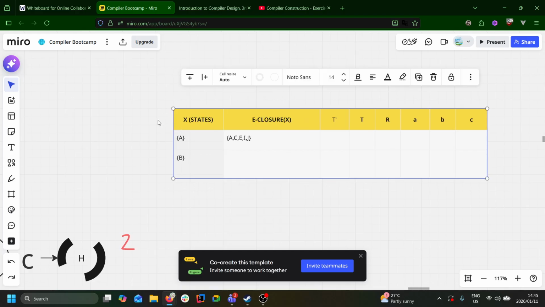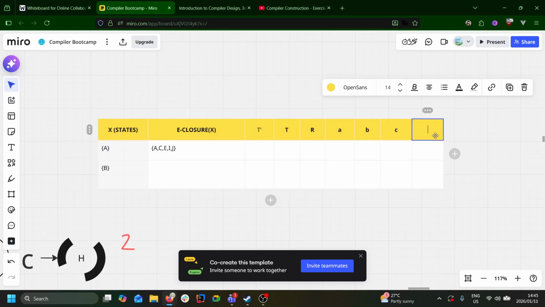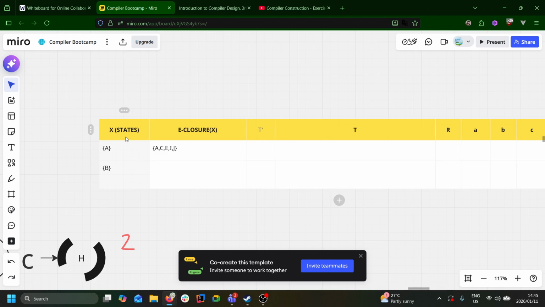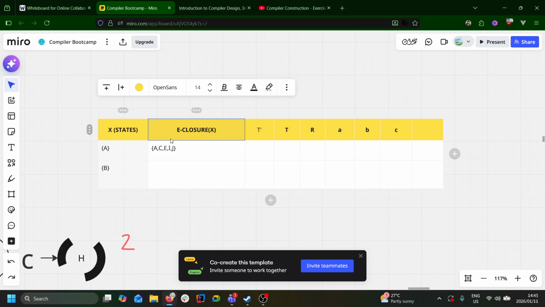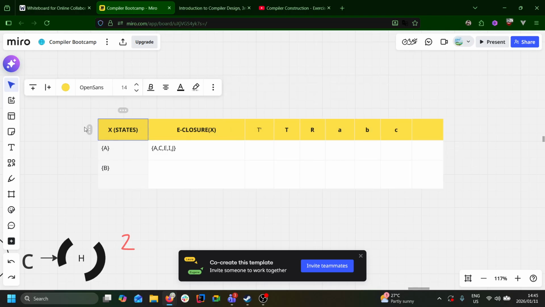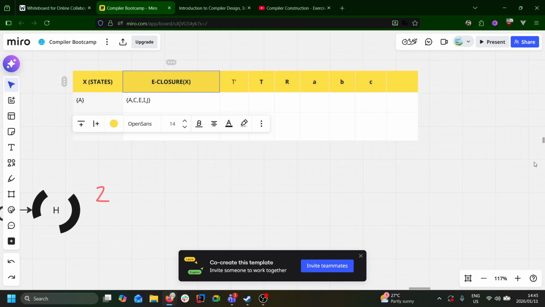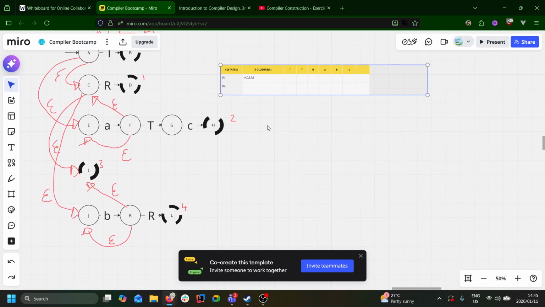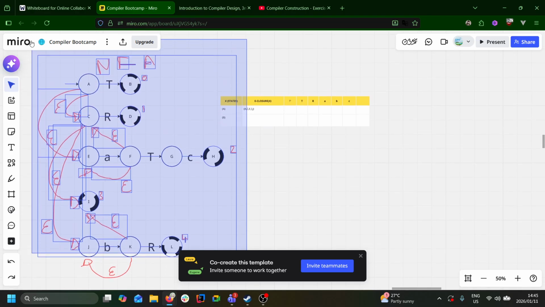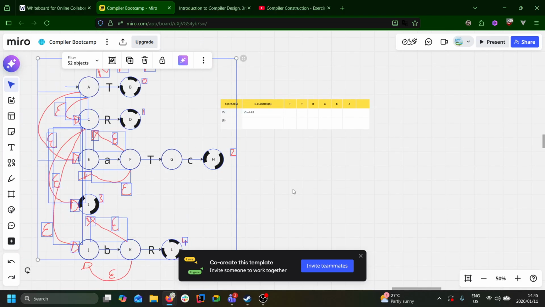Yeah, I can only add a column over there. So let's just say I'm going to write on the side over here. I'm just going to move this. Okay, this website is being very difficult. Now I'll just move the other elements over here.